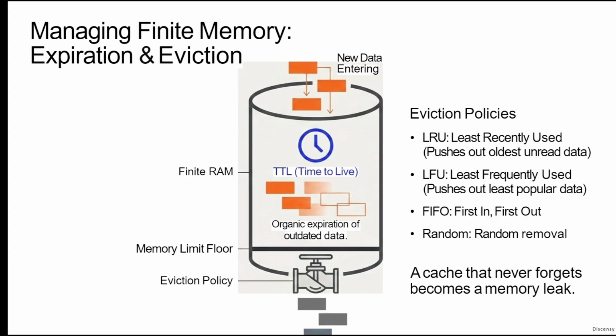Those are LRU, least recently used, which pushes out the oldest unread data. Next, LFU, least frequently used, which pushes out the least popular data. Then FIFO, first in, first out. And then random, that is random removal. A cache that never forgets becomes a memory leak. We'll move ahead to the next slide.